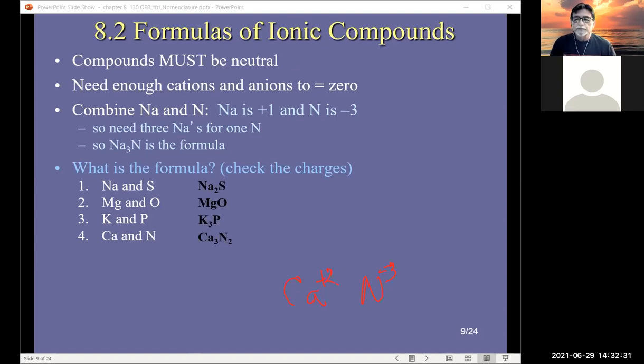Does not the charge of the anion become the subscript of the cation? Does not the charge of the cation become the subscript of the anion?